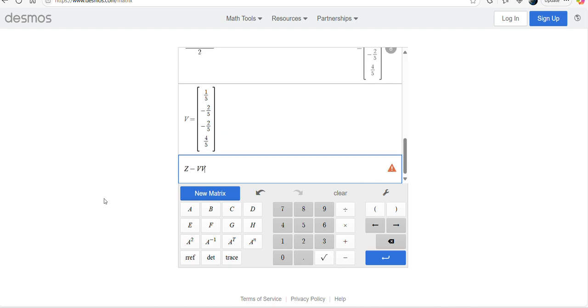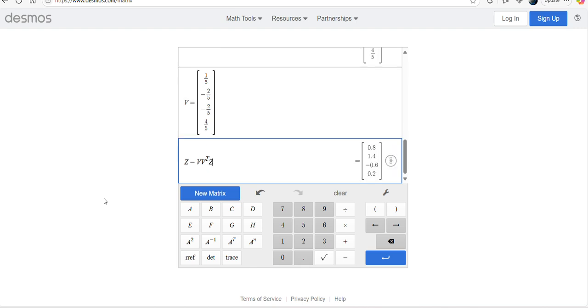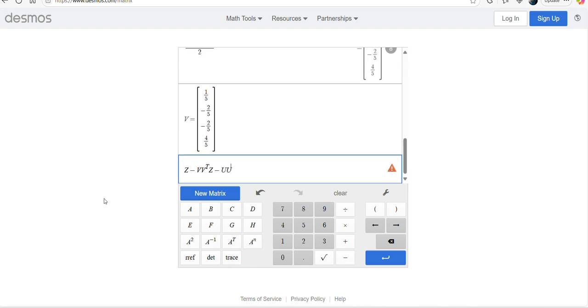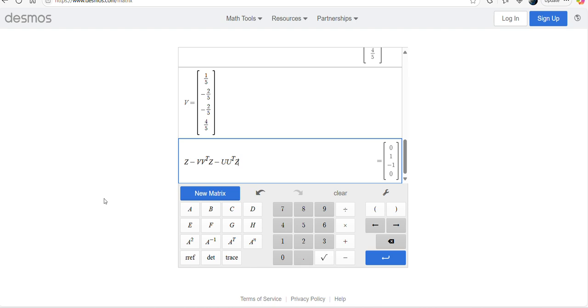We need U times U transposed times Z, minus V times V transposed times Z. So we are removing the projection of Z onto U1 and the projection of Z onto U2. Now we need to normalize this, so it's divided by the square root of 2.